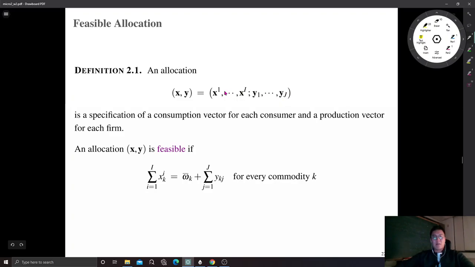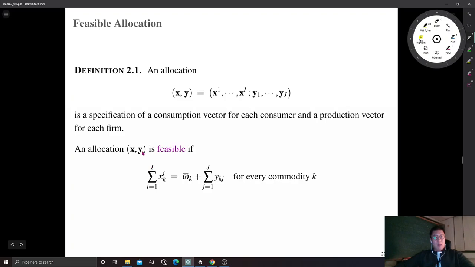Once again, let me use a superscript for consumer indices and a subscript for firm indices. So one allocation is a specification of a consumption vector for each consumer and a production vector for each firm.